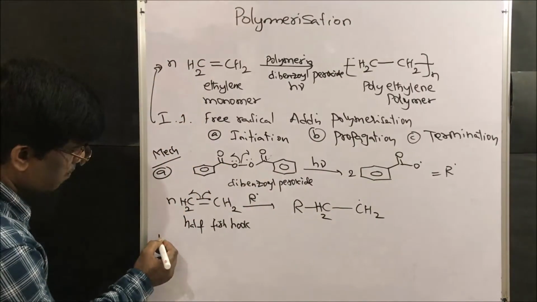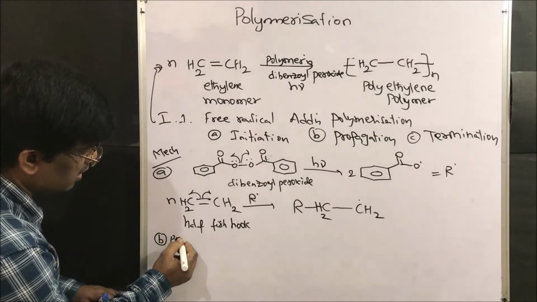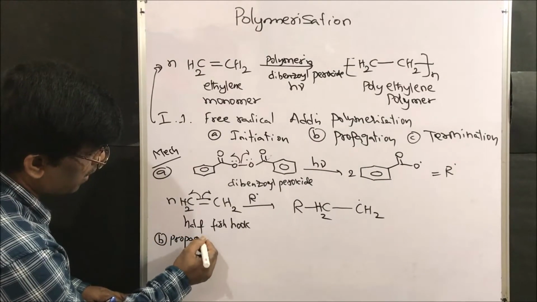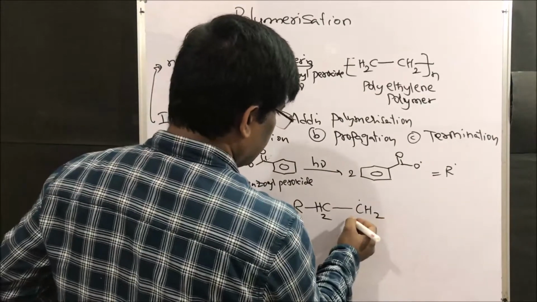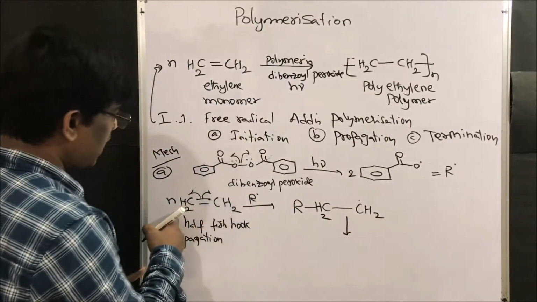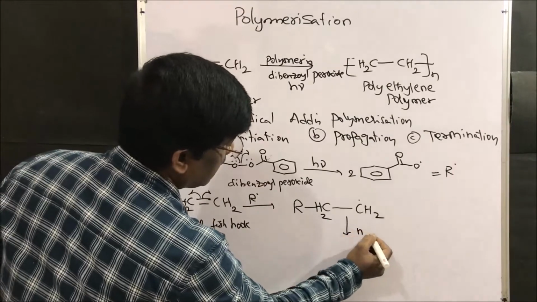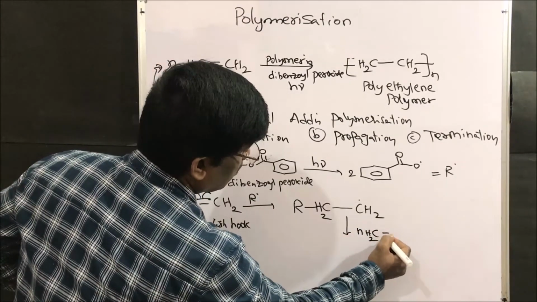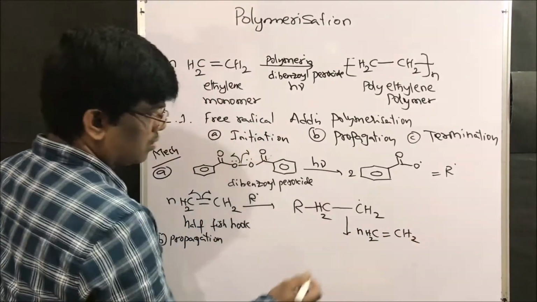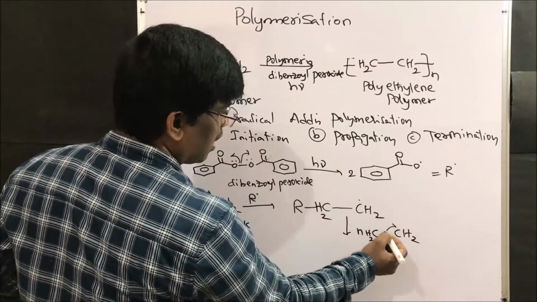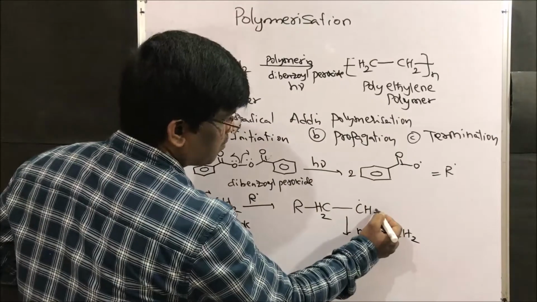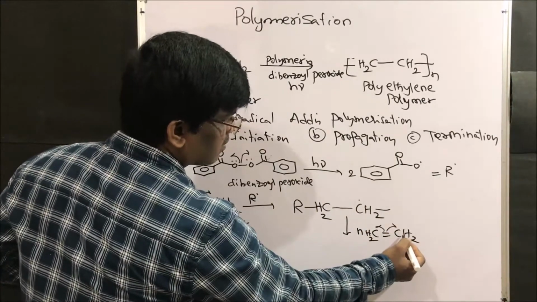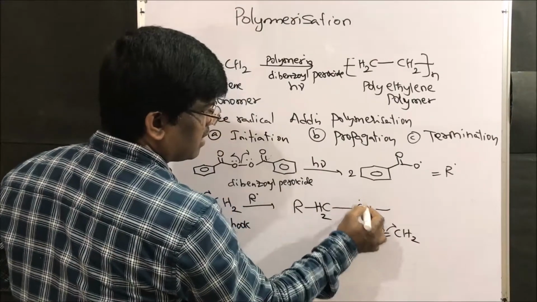The next step is propagation. What is going to happen? In propagation, it is going to react with n moles of CH2 double bond CH2. This also undergoes homolytic fission, and this side forms a C-C bond, and the other side has a free radical, same as before.